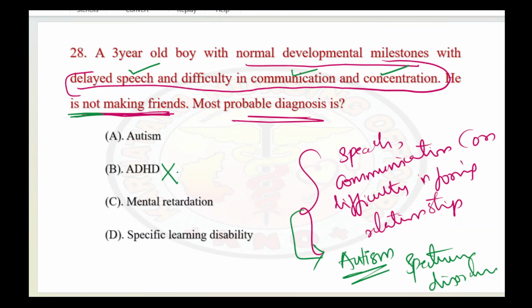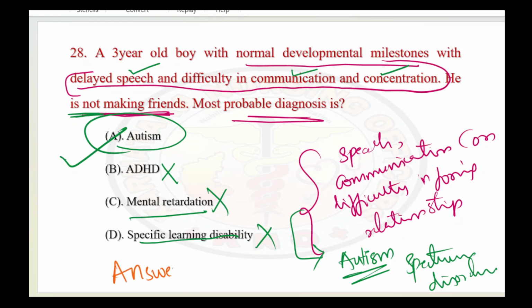So it is not ADHD because they are hyperactive, not mental retardation, not specific learning disability, because they have even told you regarding communication. So this is also not the right answer. The right answer is option A. Answer is A. Autism.